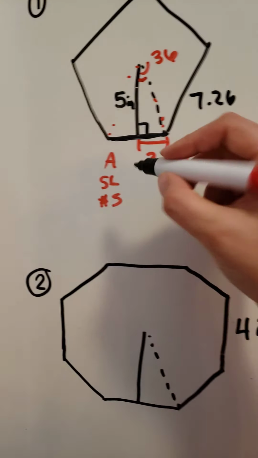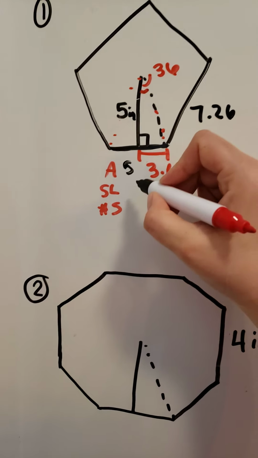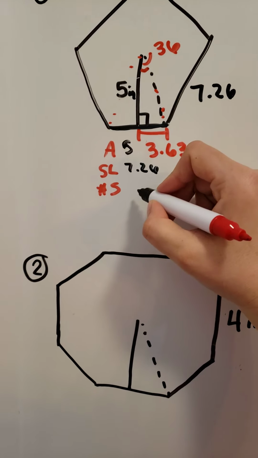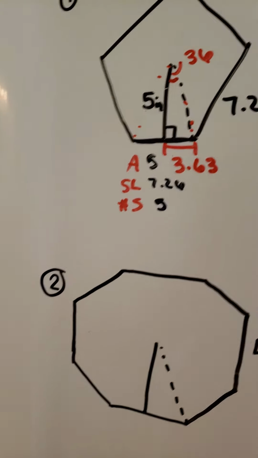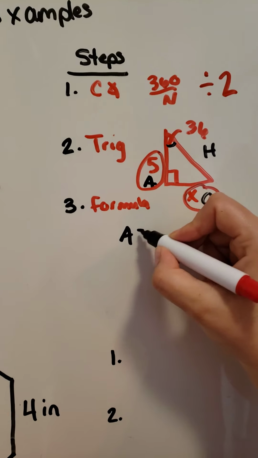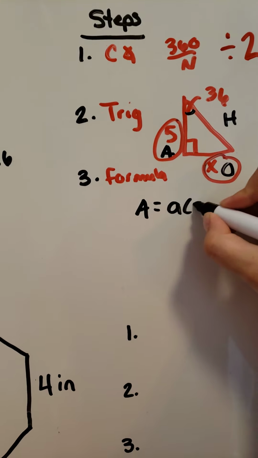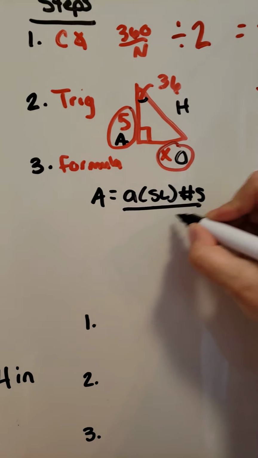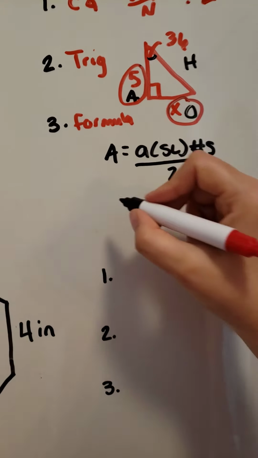Now, I know my apothem is 5. I know my side length is 7.26, and I know my number of sides is 5. So step 3 is plug everything into the formula. Area equals apothem times side length times number of sides divided by 2.